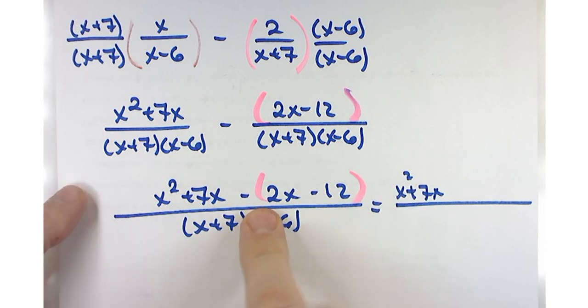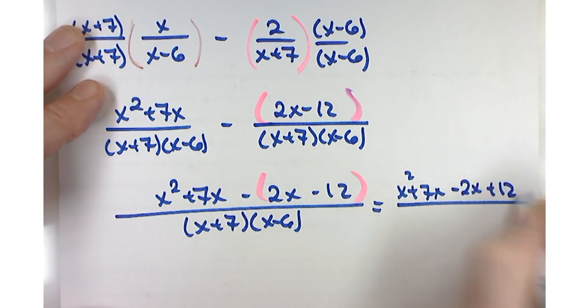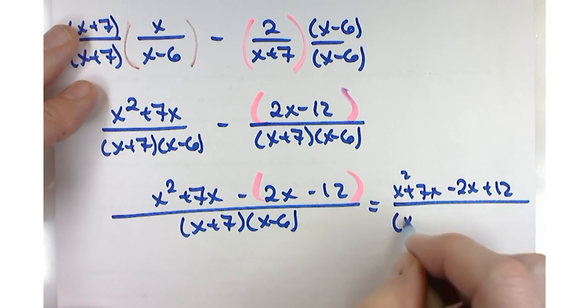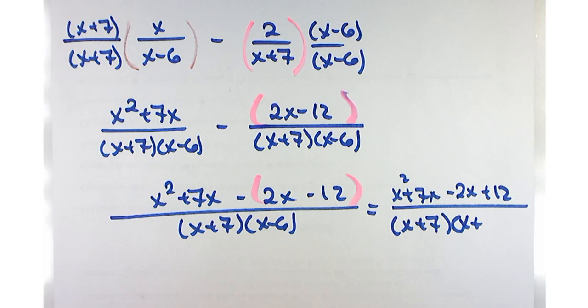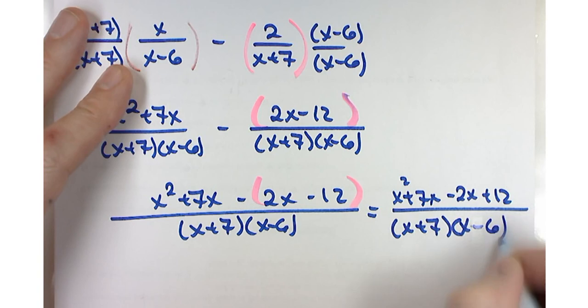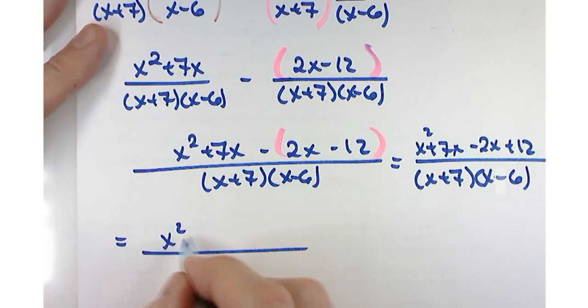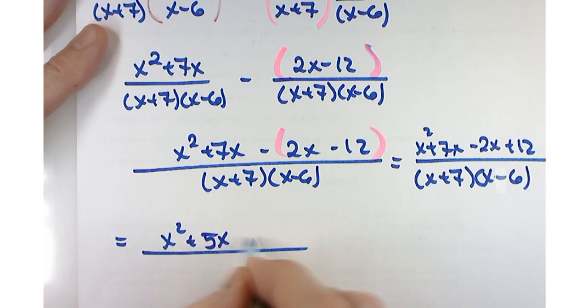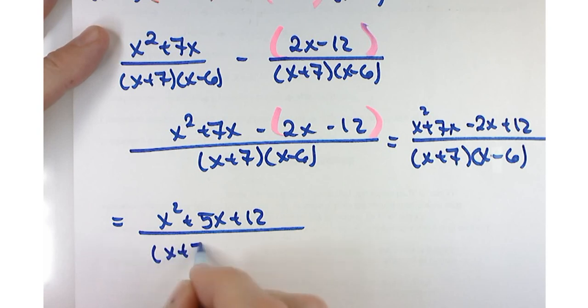If you wanted to write it without parentheses, then you have to distribute, which means a positive 12 rather than a negative 12. Oops, there should be a minus 6 there. x squared plus 5x plus 12 over x plus 7 times x minus 6.